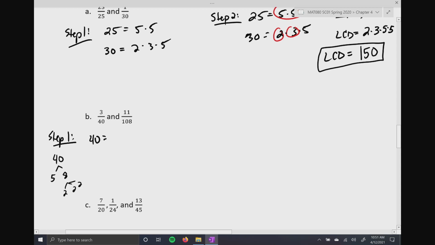And I've done 8 a lot, so I know 8 is 2 times 2 times 2. So 40 equals 2 times 2 times 2 times 5. Are there any questions there? All right. Now we need to do 108.